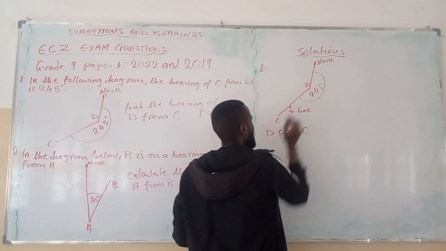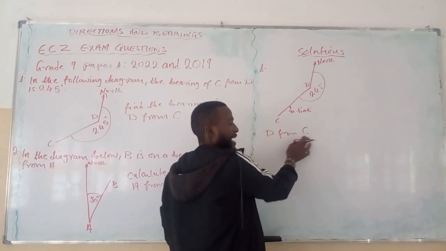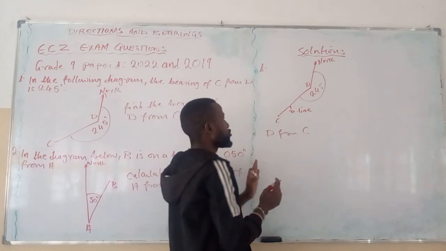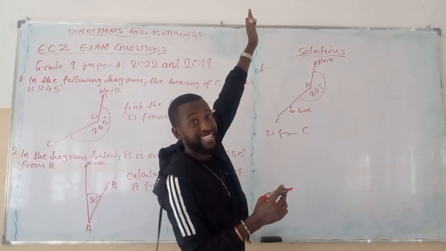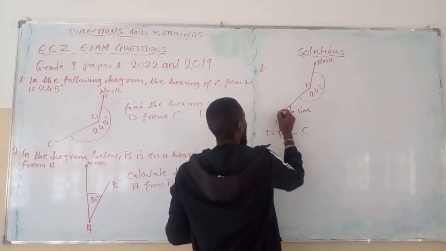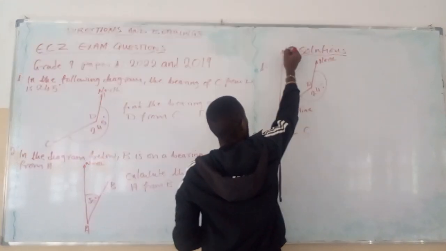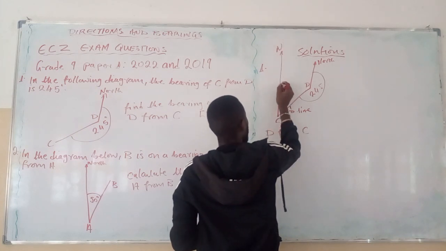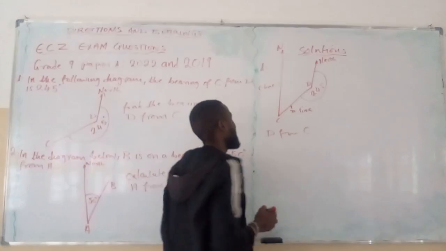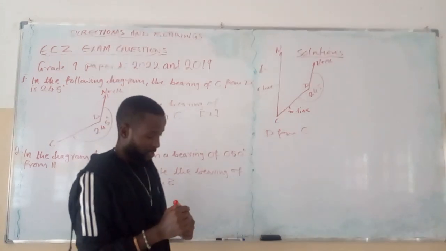So I don't know my C line. So where there is a point C here, I need to draw a straight line, which will be my C line, a North Pole. So let me draw a straight line here, like this. This is the north, but I can also call it a C line, okay? This is my C line.